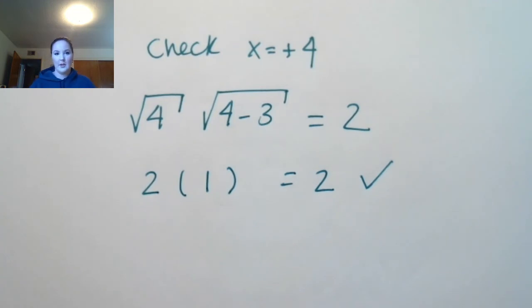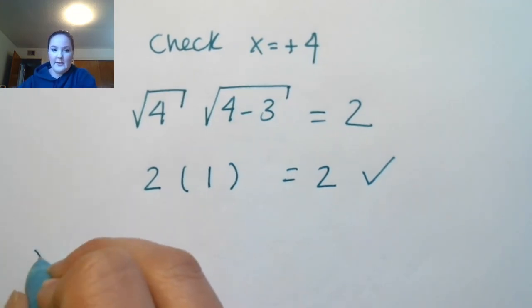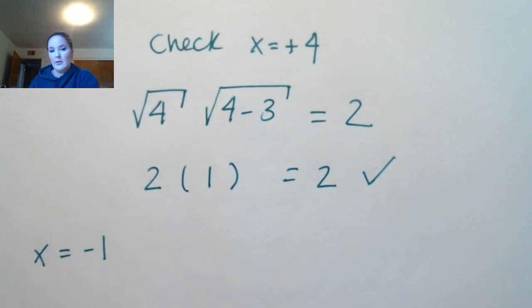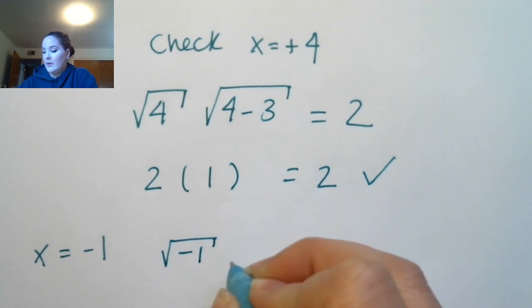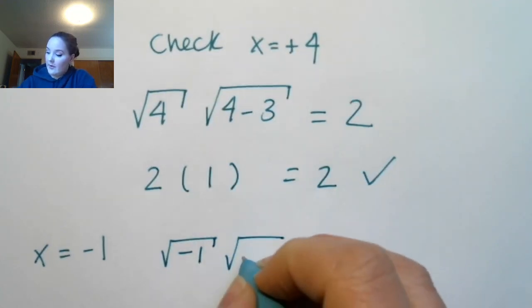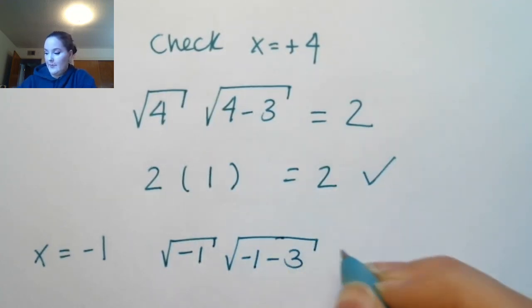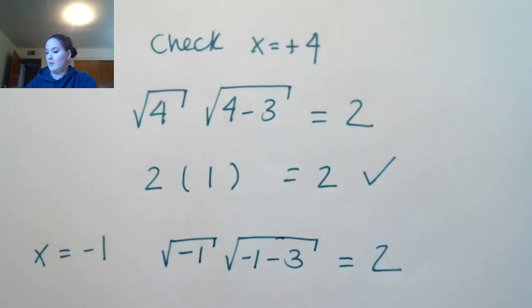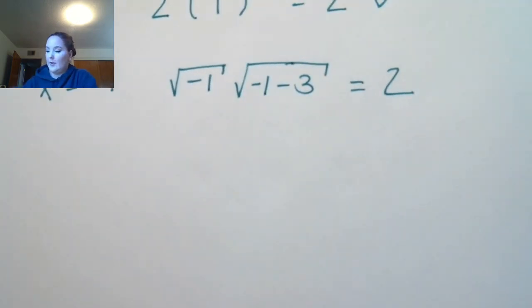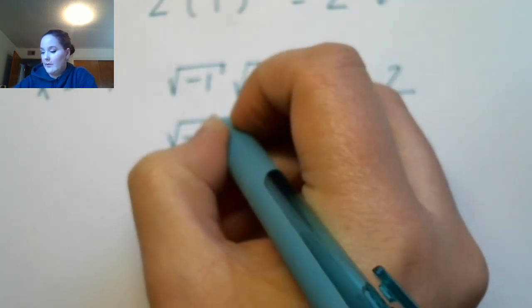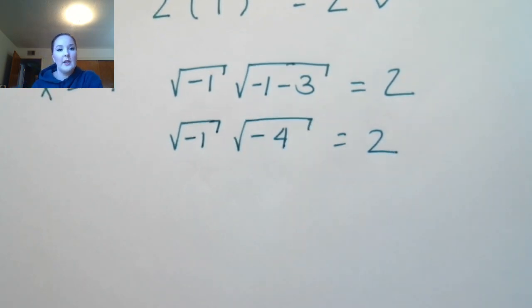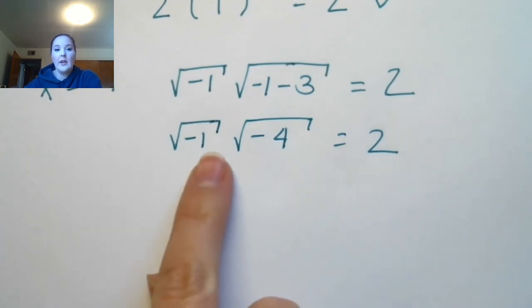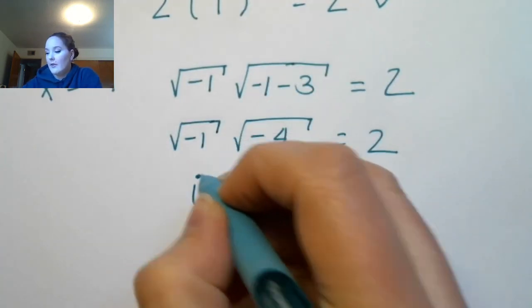Then let me check my other solution, x equals negative 1. I have the square root of negative 1 times the square root of x minus 3 equals 2. So I have root negative 1 times root negative 4 equals 2. So we have to remember what we know about complex numbers now. The square root of negative 1 is i.